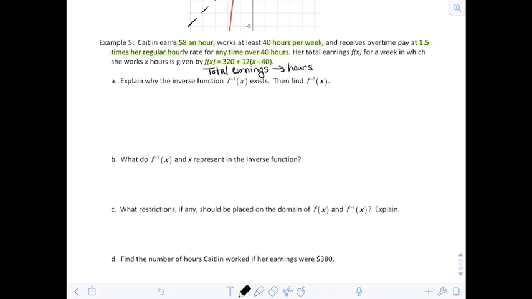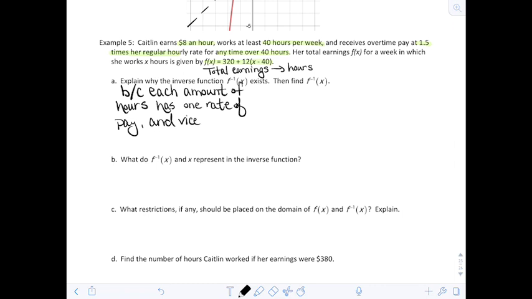So to write that down, we would just say, because each amount of hours has one rate of pay, and vice versa, the other way around.